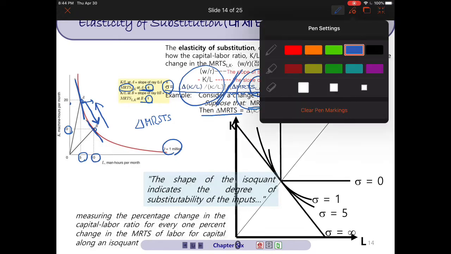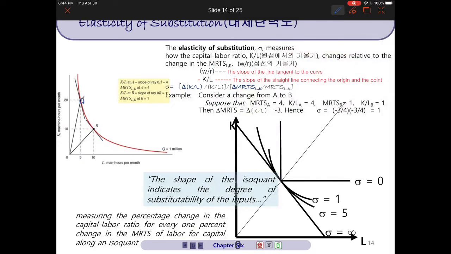As I said earlier, we think about the change from A to B. At A, MRTS was 4. At B, it is 1.